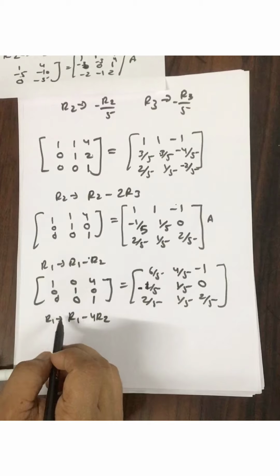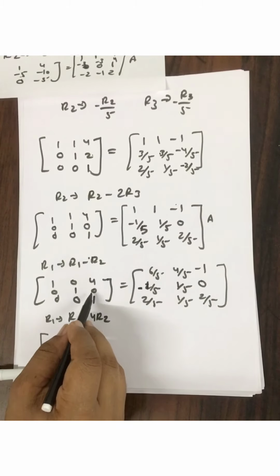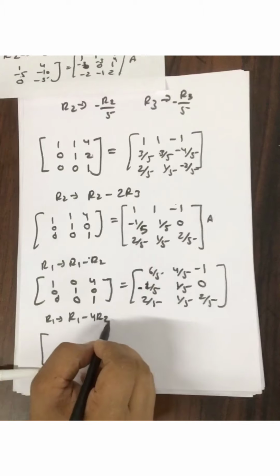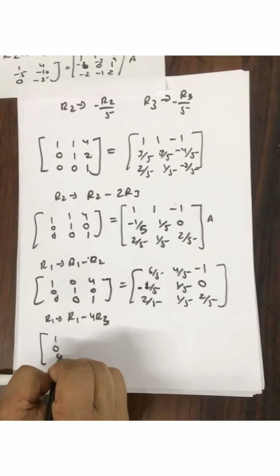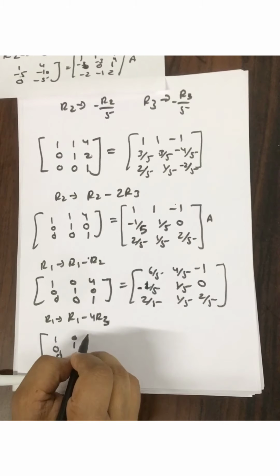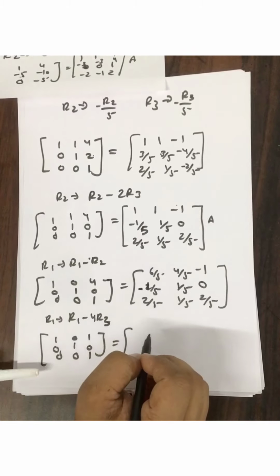So this we apply, then what will happen? For R2 and for R3 you can do. R3 is better, yes. 1 0 0 0 1 0 1 0 1. Yes, got it.